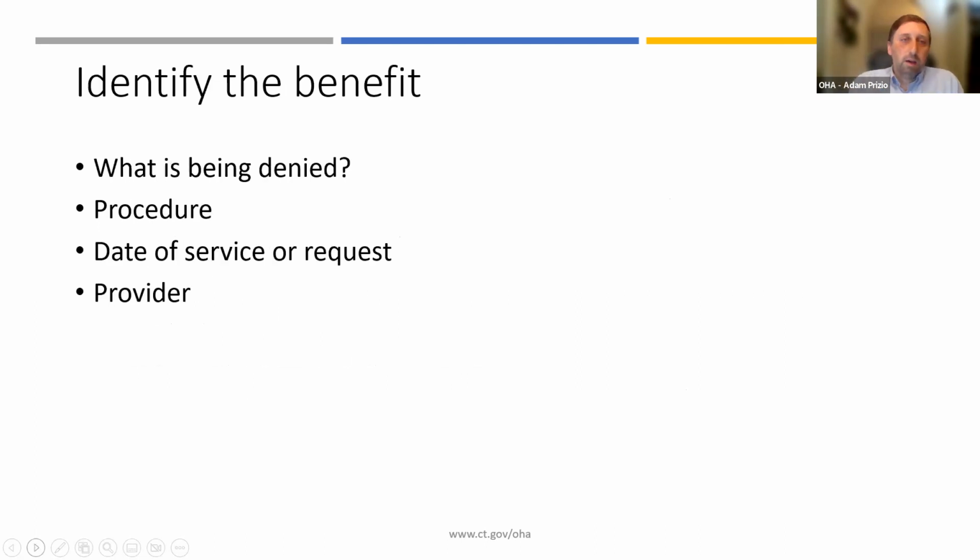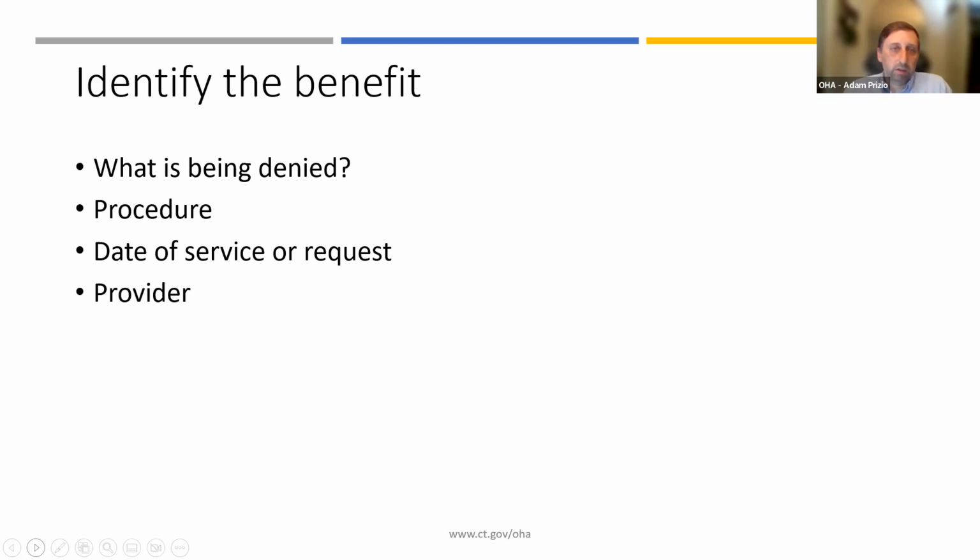So as I said, at a minimum, it has to tell you what's being denied. So that's this procedure by this provider that was requested or provided on a particular date. That needs to appear somewhere early in the letter.